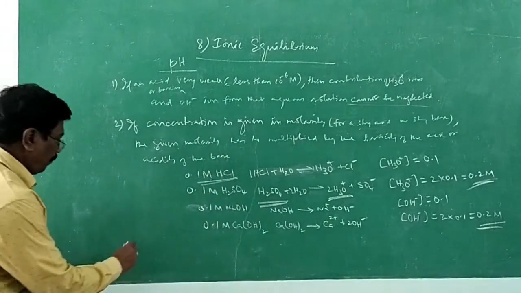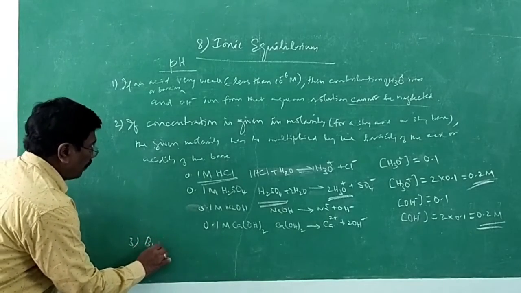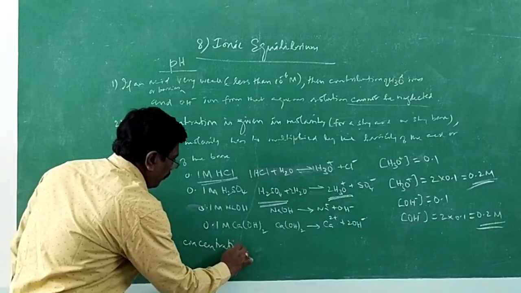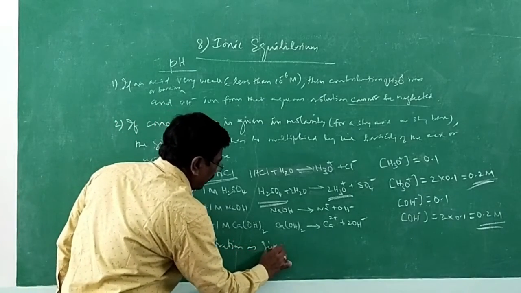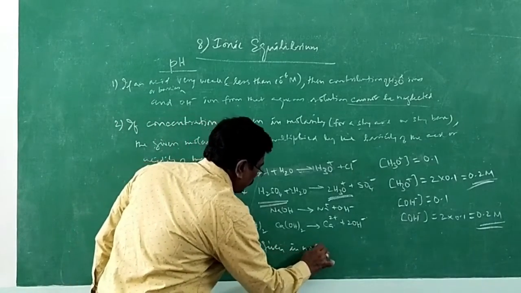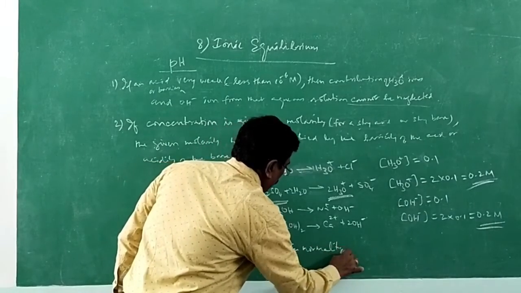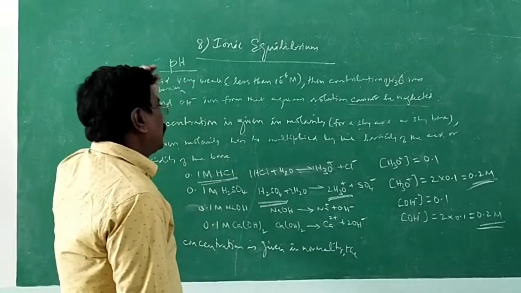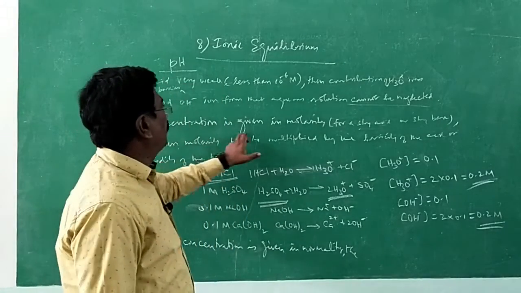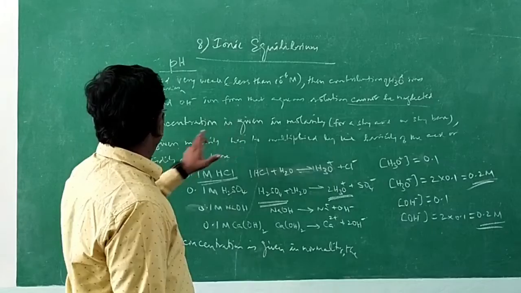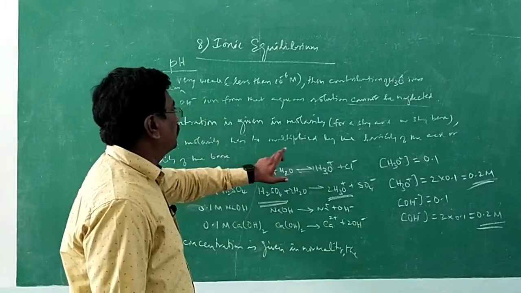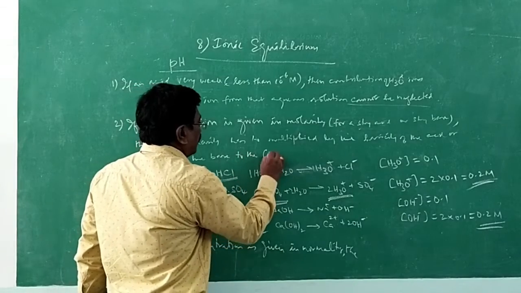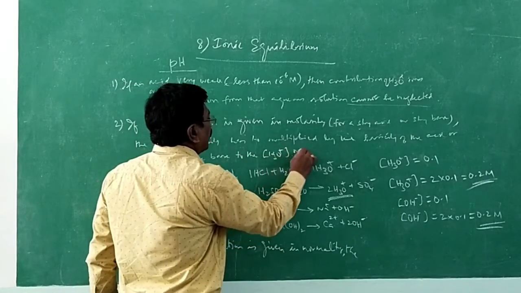But if the concentration is given in molarity, the given molarity has to be multiplied by the basicity of the acid or acidity of the base to get the hydronium ion concentration or hydroxide ion concentration.